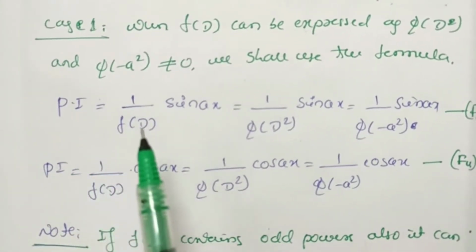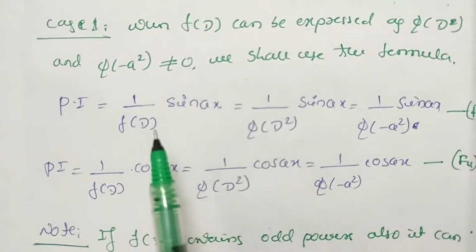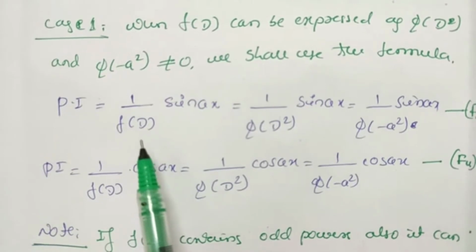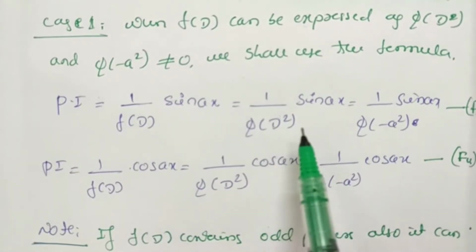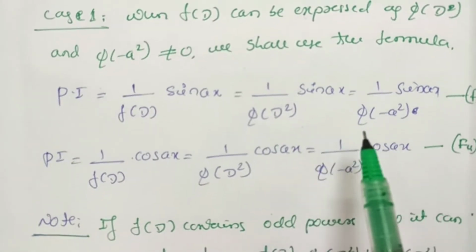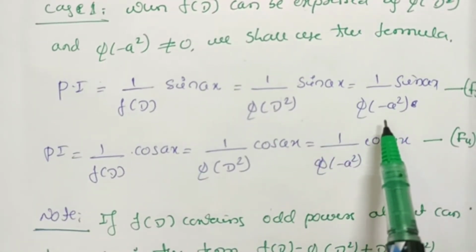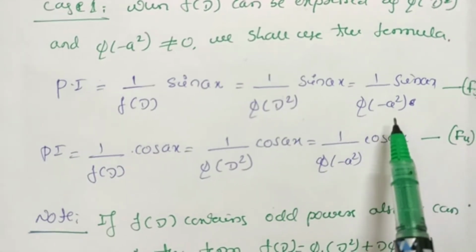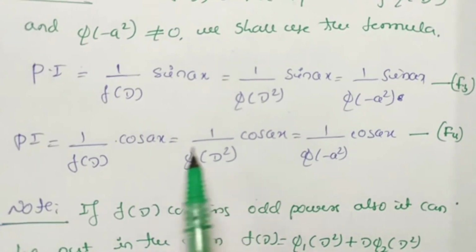The particular integral equals 1 by f of D of sin ax, which equals 1 by phi of D square of sin ax. This function should be completely in the form of D square only. In that case, you just replace D square by minus a square, not minus a whole square. That is, D square equals minus a square, and sin ax. Take this one as the third formula.